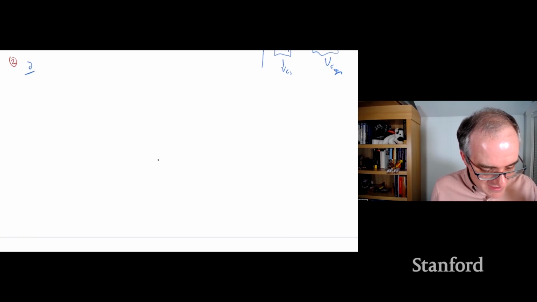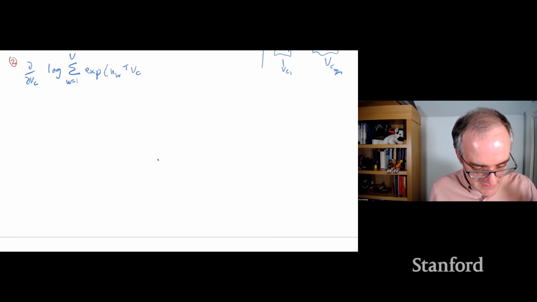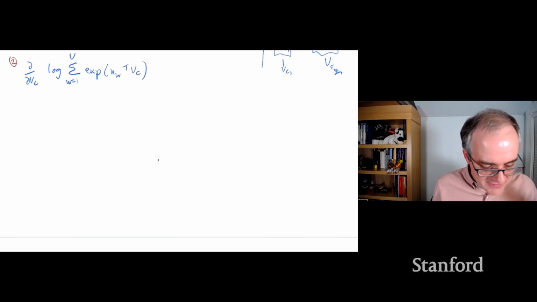So then we want to take the partial derivatives with respect to VC of the log of the denominator. At this point, the one tool that we need to know and remember is how to use the chain rule.